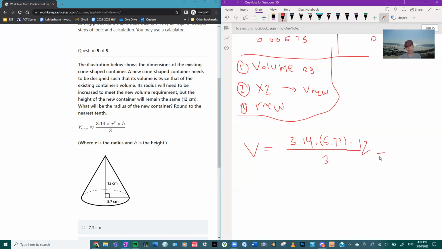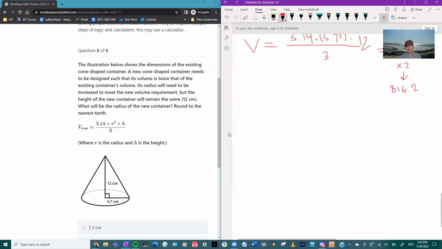And when you find that volume, it is 408.1 when you type it into the calculator. And I know there's units, but for time's sake, I'm not going to write them down right now. All right. So we got to multiply that by 2 to get the new volume. 408 times 2 gets you 816.2.